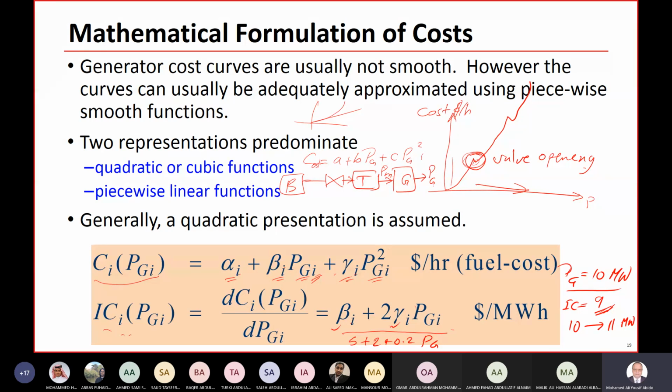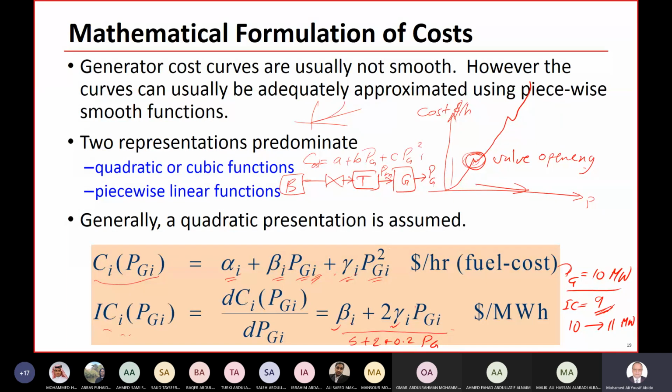We have discussed some cost curves of the generators, like the incremental cost curve and cost in dollars versus megawatt hour. Also the heat rate curve and others, as we discussed last class.